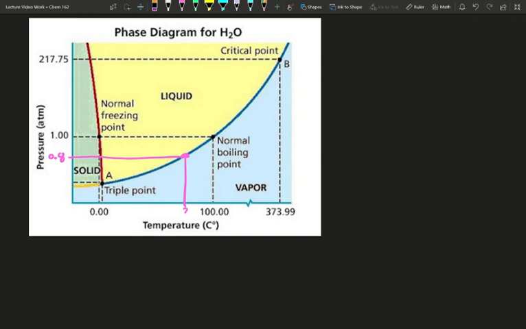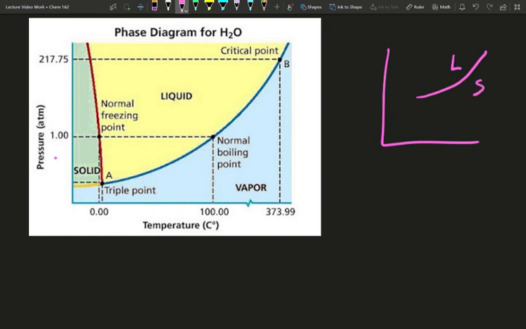The outside pressure can also affect our phase changes between solid, liquids, and vapors. In general, most phase diagrams are going to have your liquid-gaseous boundary, your solid-liquid boundary, and even a solid-gas boundary. It is possible to sublimate and go through deposition, going directly from a gas to a solid.